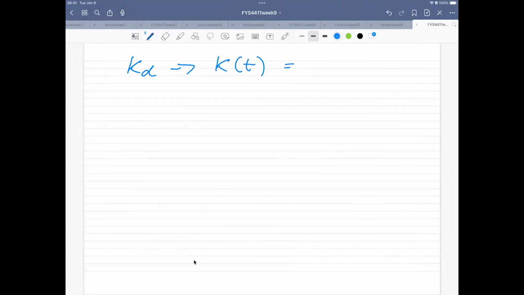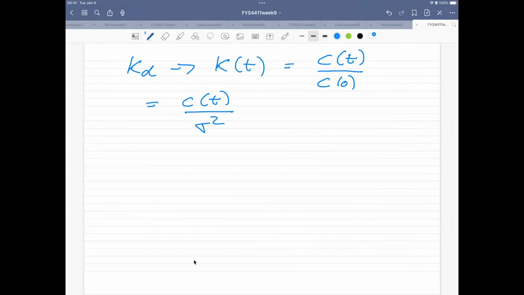And this is the same as c of t divided by c of 0. And c of t is the covariance for two events. So this would be c of t divided by sigma squared. This is just the same as we had before. This is normally called the autocorrelation function.